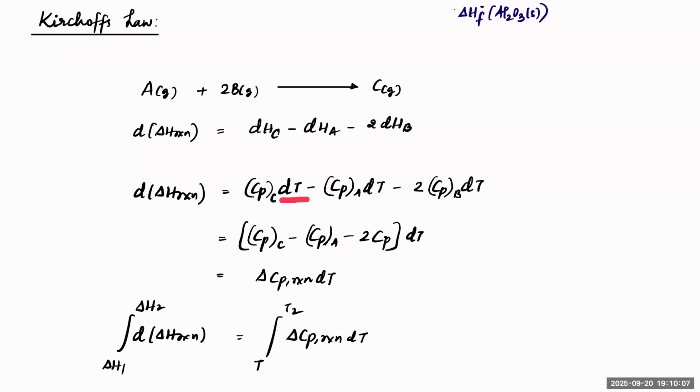Now if I take dT common, I get Cp of C minus Cp of A minus 2 times Cp of B. This is what we have represented as delta Cp of the reaction.